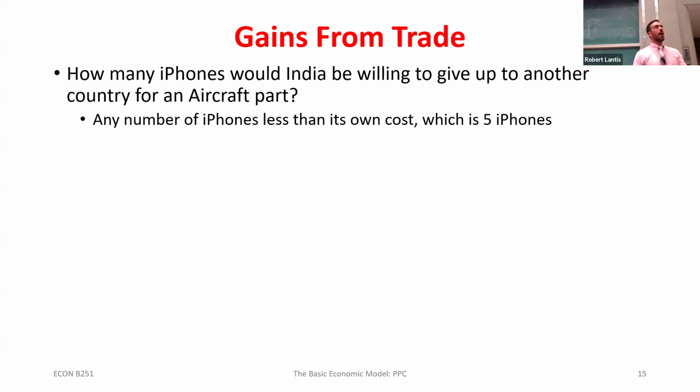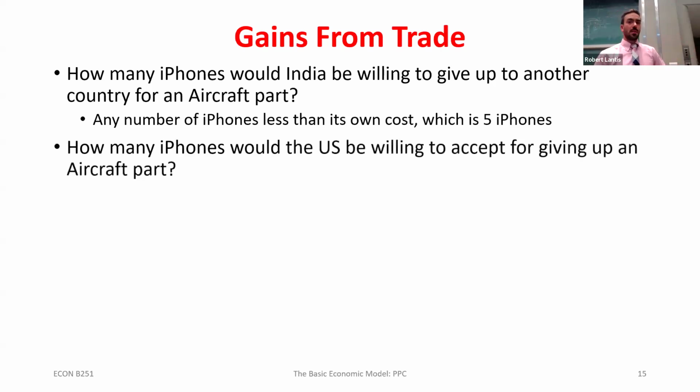Whereas if I trade with the US and they say, look, we'll give you an aircraft part and you only have to give us 2 iPhones, well, India's going to be like, for sure, right? Because if I did it myself, it would be a much higher cost. So you can start to think about, we're willing to trade with the other country, or other person, other company, as long as they can do it at a lower cost, or they can give us terms of trade that's below our own cost, right?